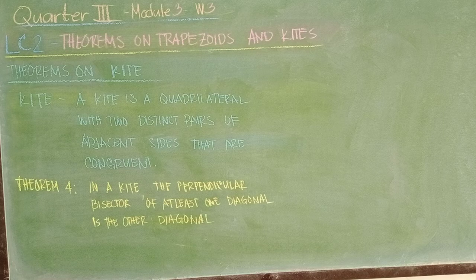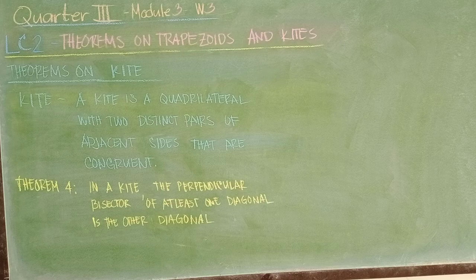Next will be theorems on kite. So, what is a kite? A kite is a quadrilateral with two distinct pairs of adjacent sides that are congruent. So, dun sa mga parallelogram, yung mga opposite sides, sila ay congruent. Sa kite, yung sides na adjacent, yung magkatabi, sila ay congruent.